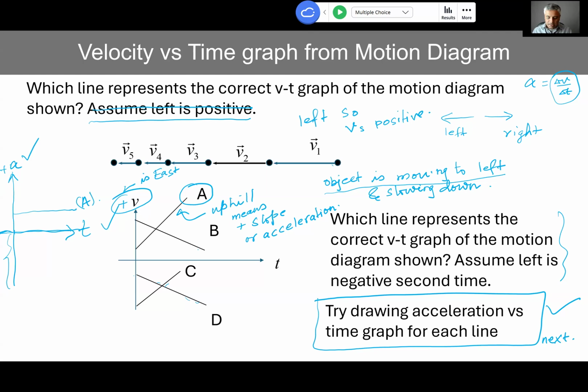How about the acceleration graph for B then? The acceleration comes from the slope, so you need to look at whether it's constant and whether it's positive or negative. That's all.